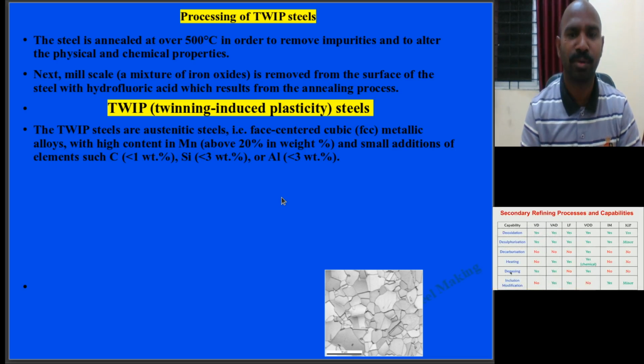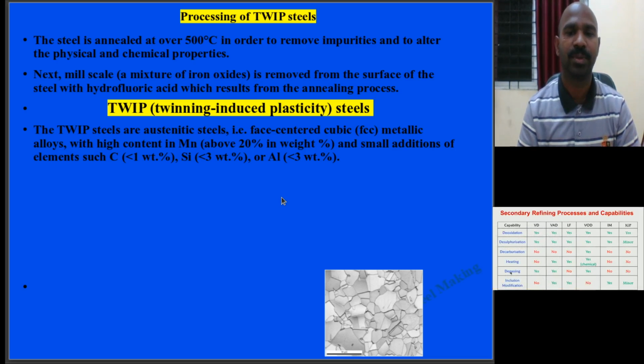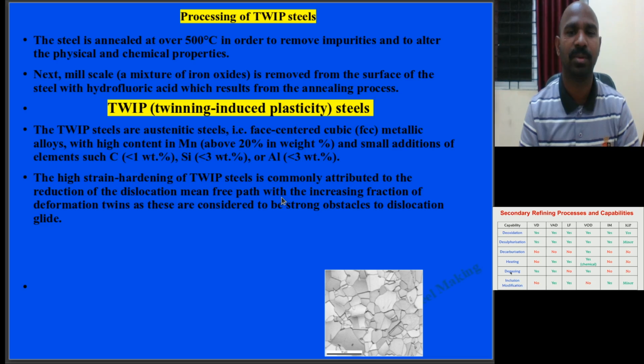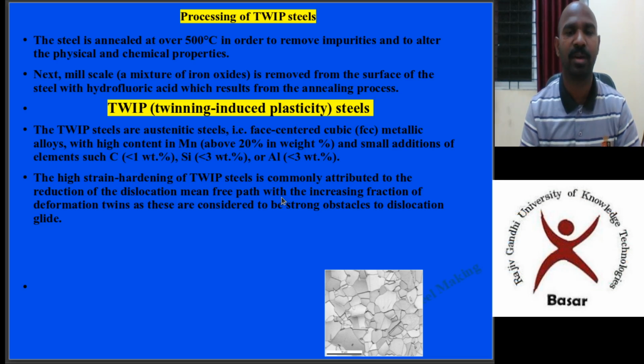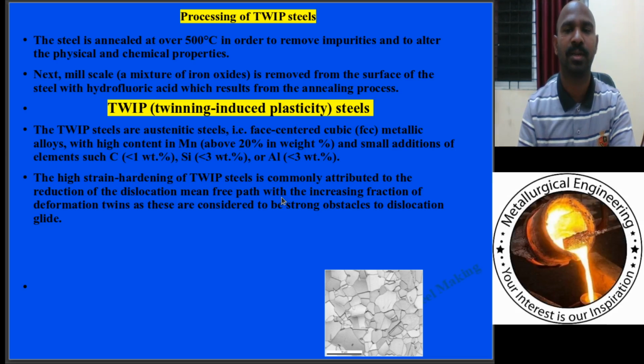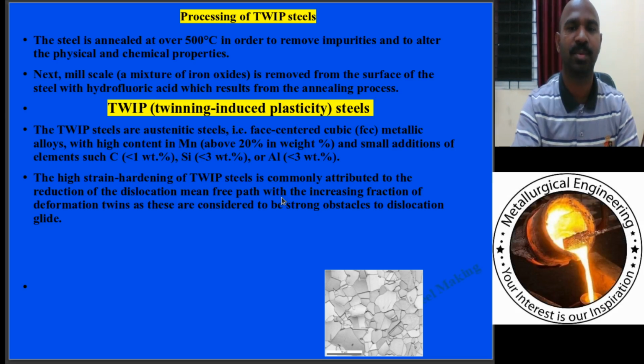The twin driven mechanism is applied in the TWIP steel, and this particular TWIP steel has high strain hardening, it has high work hardening properties. It is mainly because of the dislocations developed because of these twins.